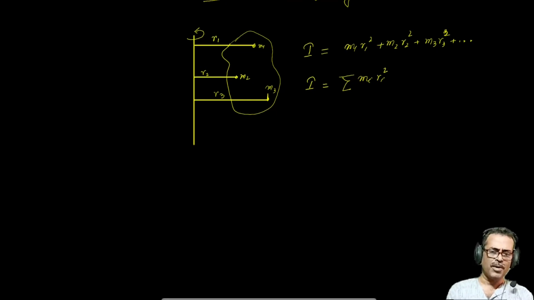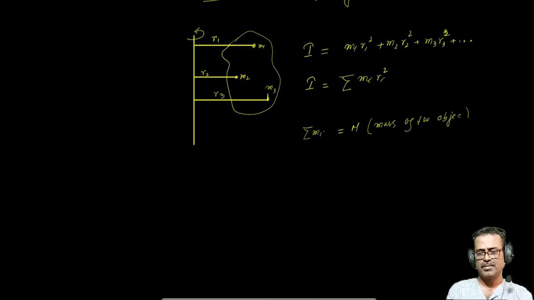Now the sum of the point masses, that is sigma m, is equal to the mass of the object and the point which can represent the whole body.